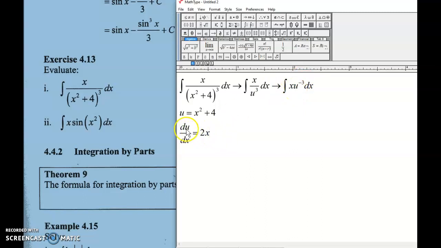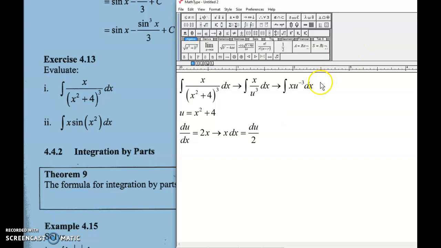So we have du over dx equal to 2x. So for this one, we have du. The idea here is to substitute x dx into terms of u. So how can we do that? We're just going to move the left and right hand sides. So we can have x dx equal to du over 2.